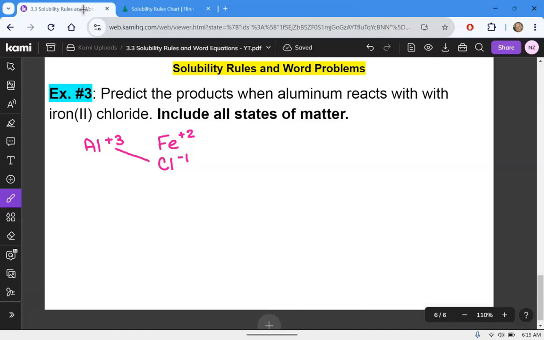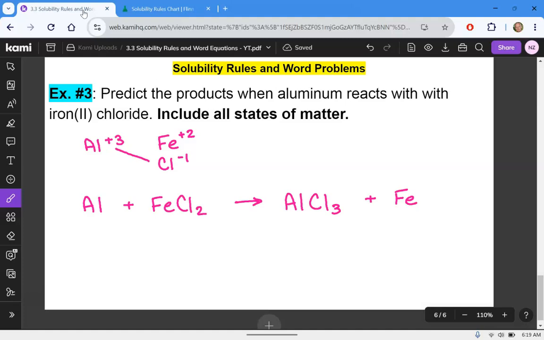So let's write the left-hand side of our equation. We have aluminum by itself, and it's going to react with iron chloride. Iron is 2, chlorine is -1, so I need 2 chlorines to balance. On the right-hand side, aluminum's going to bond with chlorine, so I need 3 chlorines to balance with my aluminum, since each chlorine is -1 and aluminum is +3. And then like I said, iron is going to get kicked out.